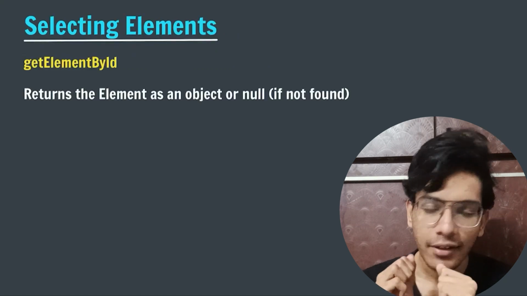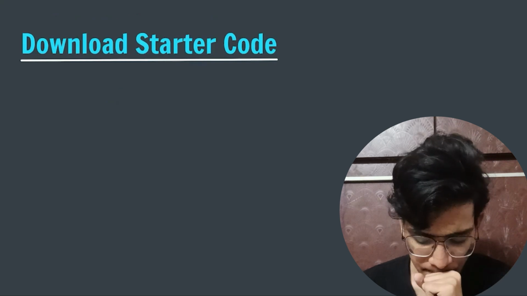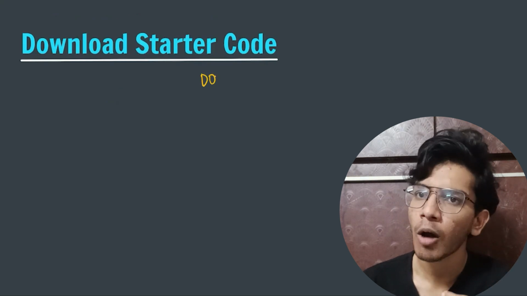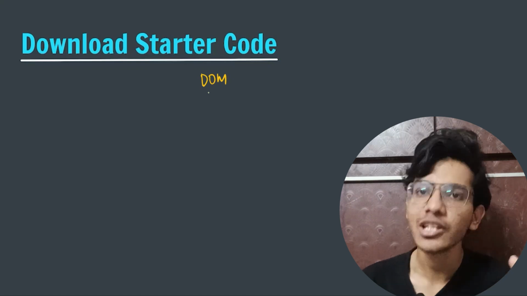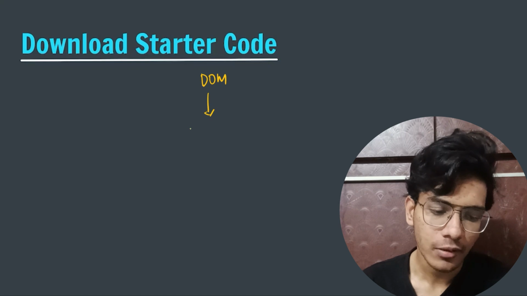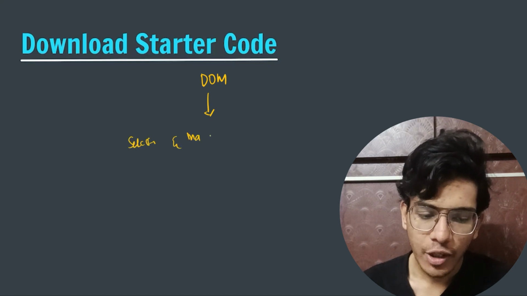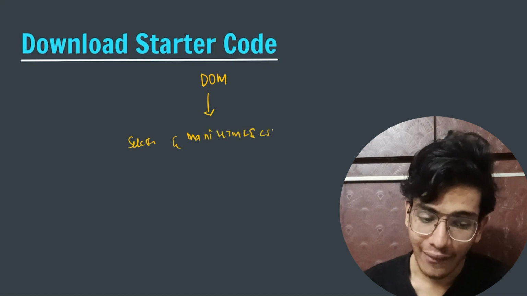Before going into the properties, I want to tell you something. The DOM, document object model, is a two-step process. The definition of DOM is selecting and manipulating our HTML and CSS through JavaScript.